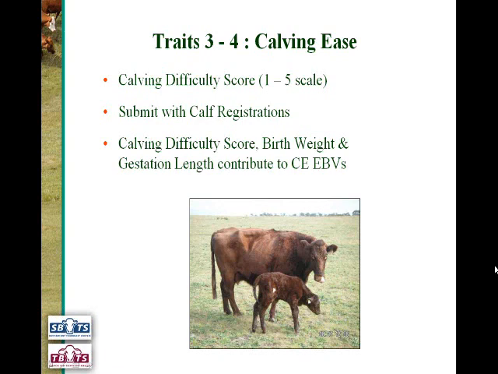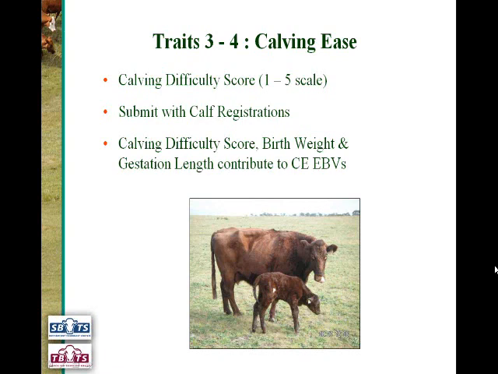You don't need to get too worked up, I suppose, about whether it's a score of 3 or a score of 4. Within the analysis, the ones, the unassisted calvings, will be treated as a score. The 2, being the easy pull, will be treated as a score in its own right.